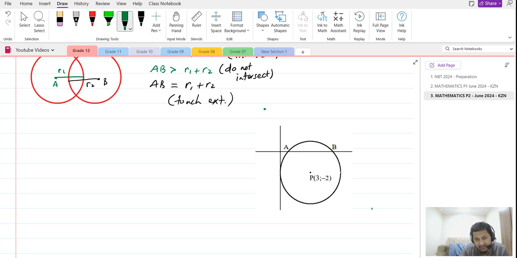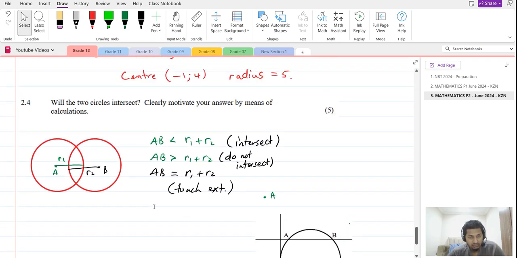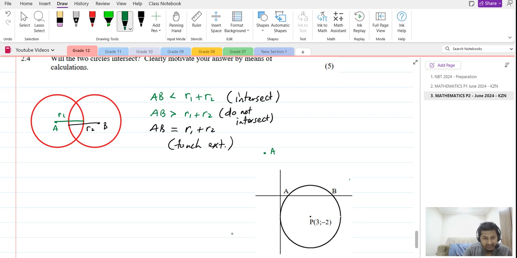So that's B. Let's just call it A, right? That's minus 1 and 4, and the radius here is 5. So that's the center of the circle. We want to check if they're going to touch. Let's take the sum of the radii.